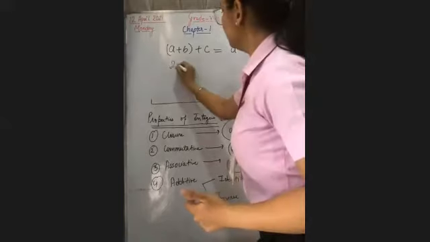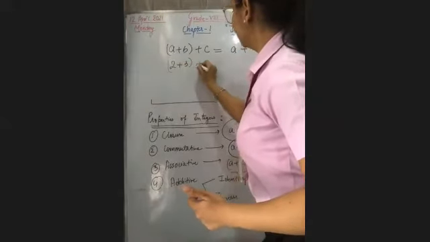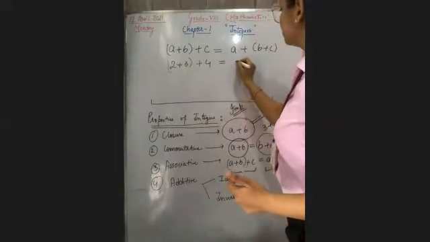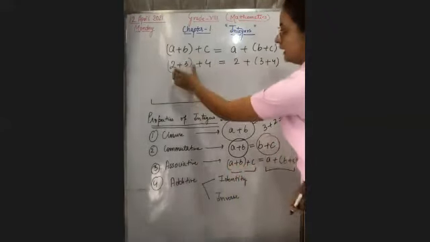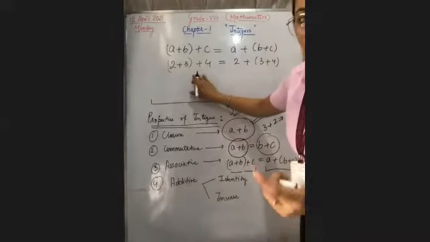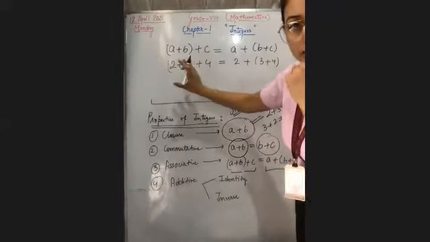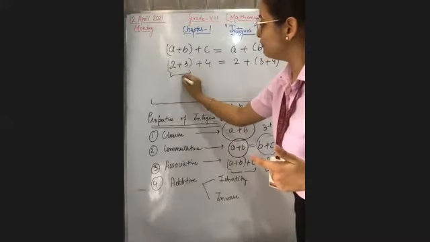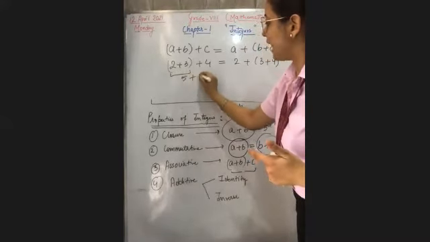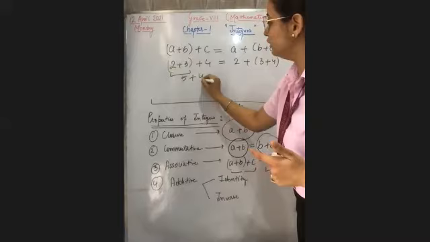Suppose (2 plus 3) plus 4 is equal to 2 plus (3 plus 4). In these kinds of questions, you have to open the bracket first. Solve this bracket, answer will be 5, and then add 4. Answer will be 9.